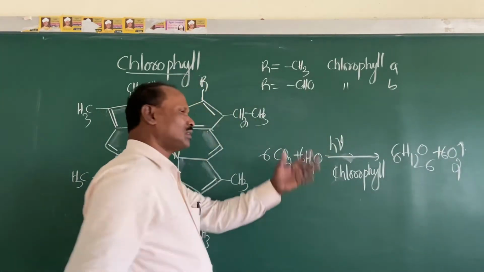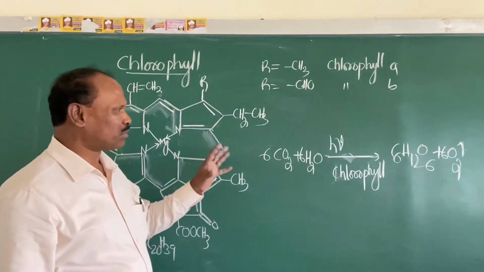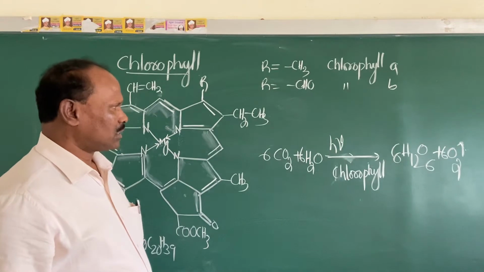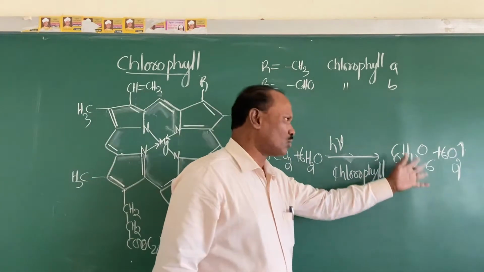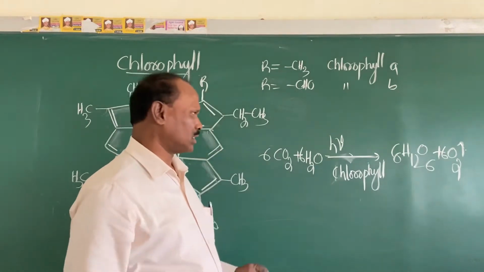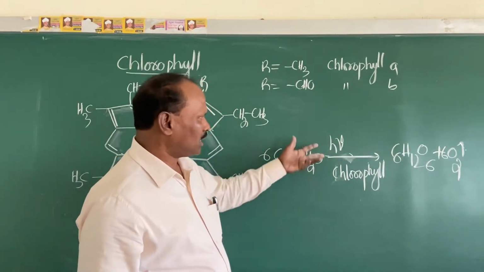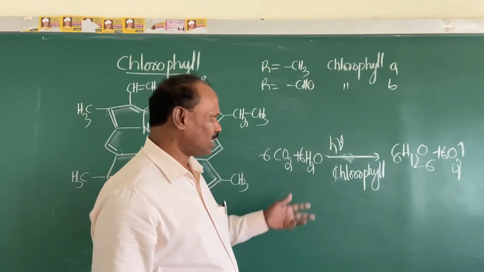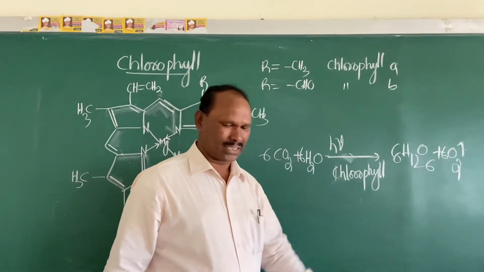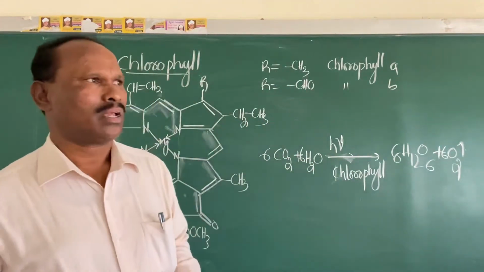This is called photosynthesis. Carbon dioxide, water, and you get glucose, and it liberates oxygen. This reaction happens in the presence of solar energy, the sunlight, and here chlorophyll is acting as a catalyst more precisely.